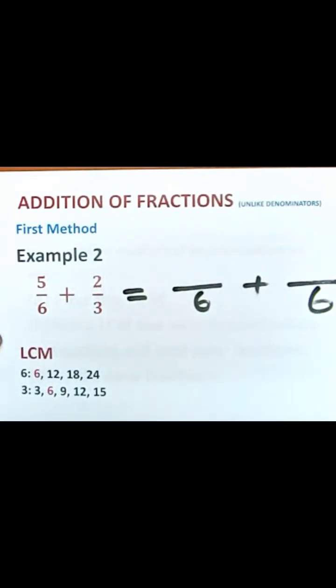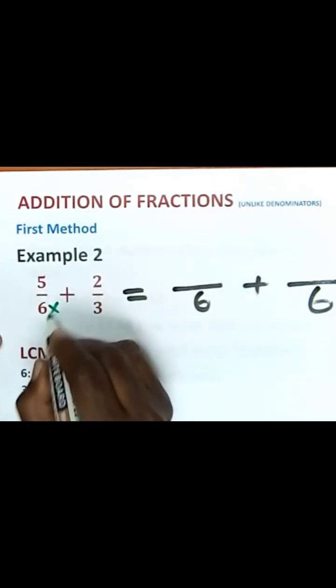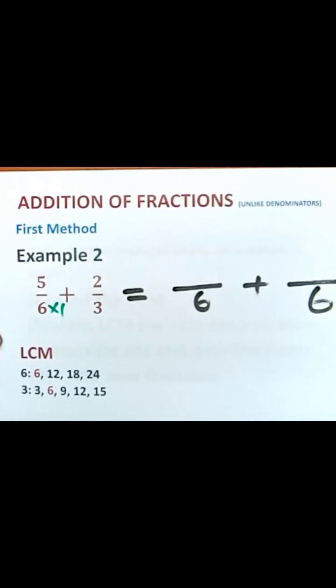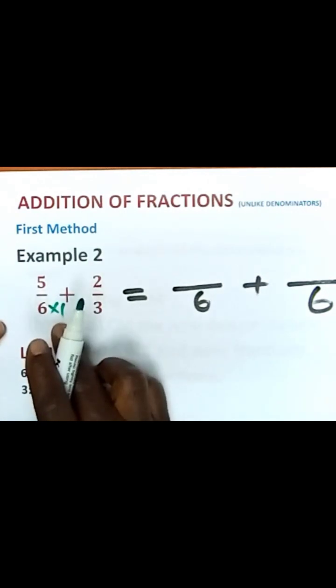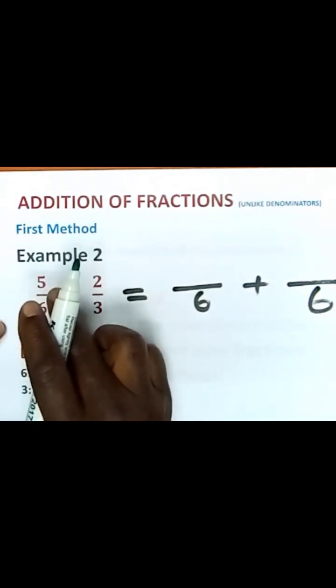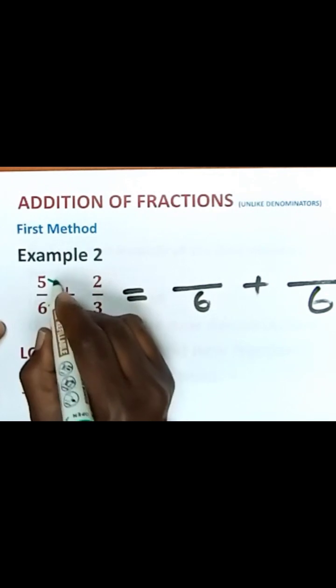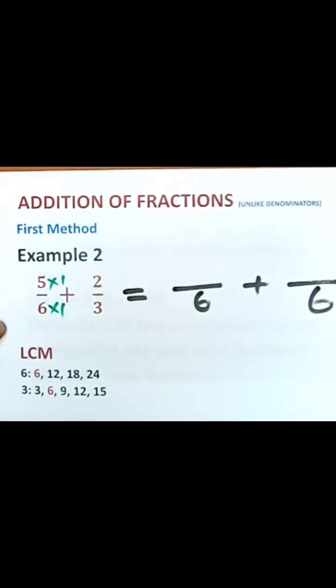Nothing. If you multiply 6 by 1, you get 6. So 6 times 1 is 6. So we just multiplied here by 1. Or essentially we did nothing to it. And since anything you do to the denominator, you also do to the numerator, here is going to also be 5 times 1.